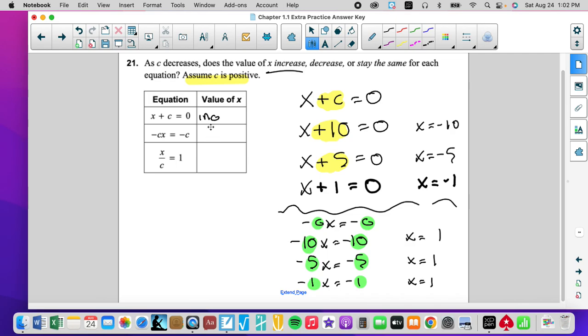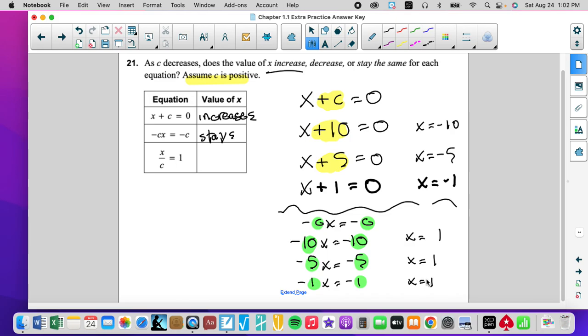So it stays the same. And notice negative 10, negative 5, negative 1, that's increasing. That's moving towards the positive. X equals 1, 1, 1. It's going to stay the same.